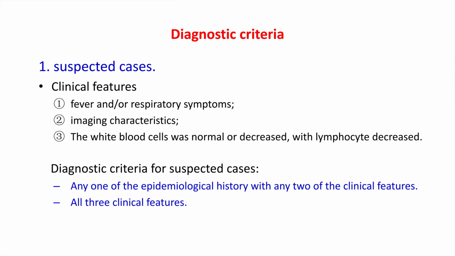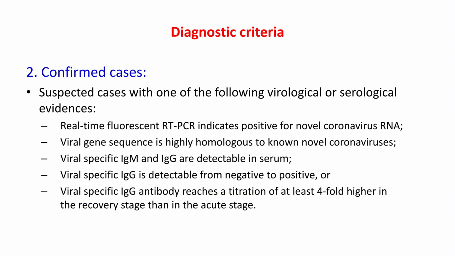For the confirmed case, the suspected cases with one of the following virological or serological evidence, we can diagnose as a confirmed case. Real-time PCR is RNA positive, or viral gene sequencing is highly homologous to the known coronavirus.